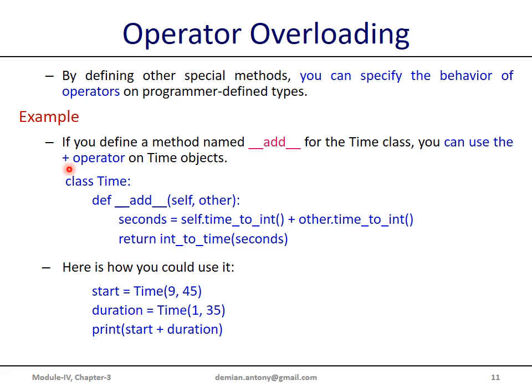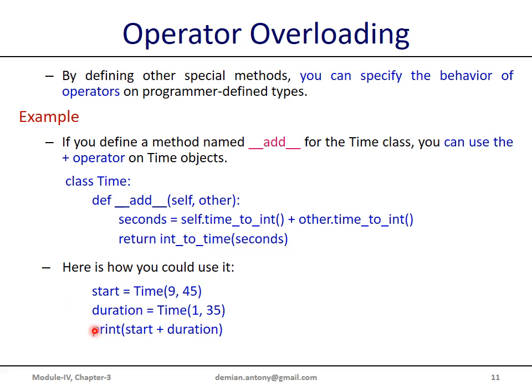We need to add this special method inside the class Time like this, def double underscore add self, subject, and the second object, and we know the body of this add. We convert the time into integer, both the objects, and then again we convert the total seconds to a time object, and a new object will be returned.